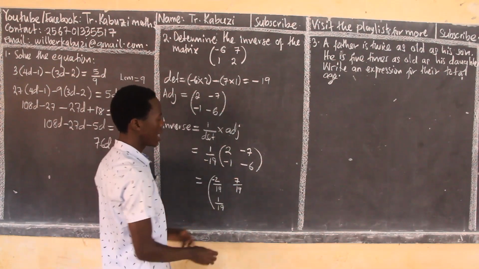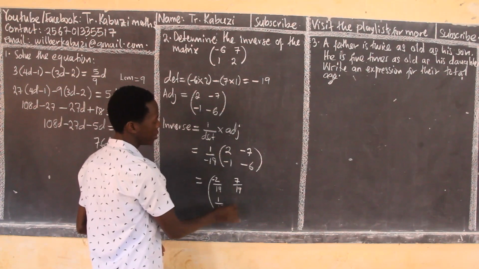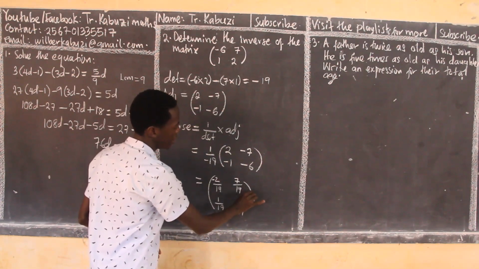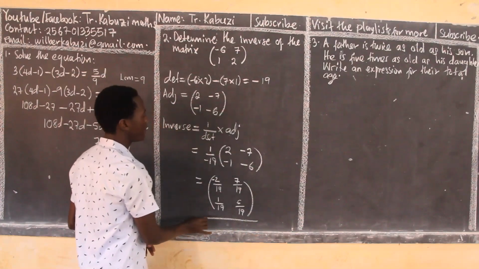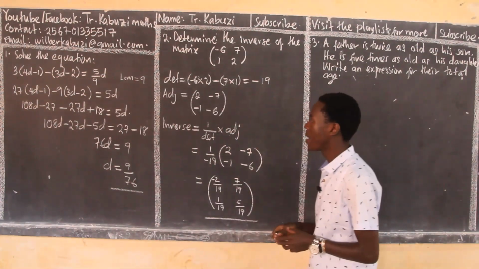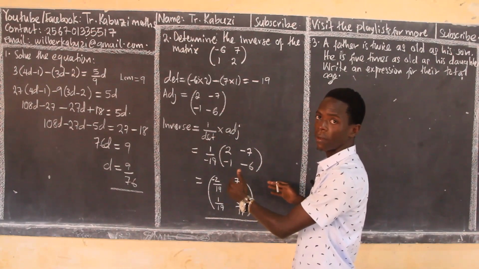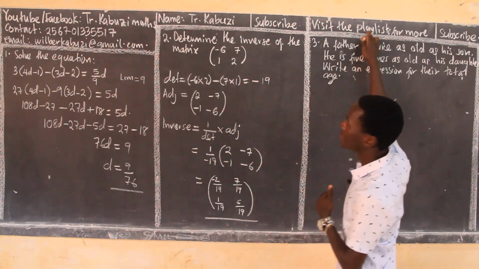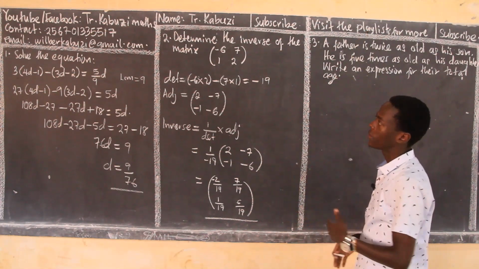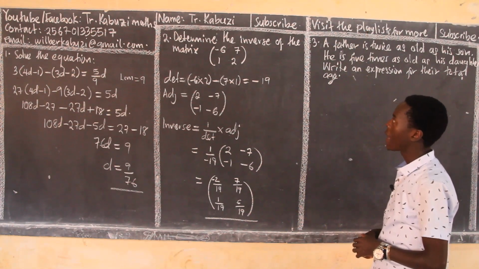Then the negative and the negative, we shall get a positive. 6 times 1, that will give us 6 over 19. And that's now the inverse of that matrix. As simple as that. Now, the full topics are there in the playlist. You can visit the playlist and see how to get the inverse. These are just solutions. That's why I'm a bit fast there.